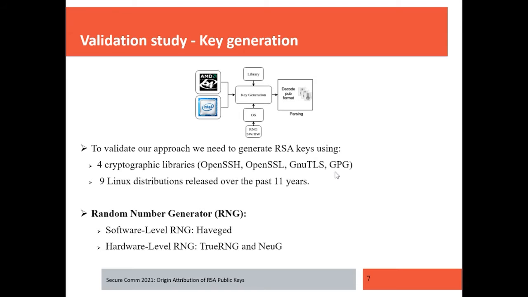We also use 9 Linux distributions released over the past 11 years. To ensure sufficient entropy for key generation, we enable a software-level random number generator and hardware-level random number generators. For software level, we use Haveged, and for hardware level, we use TrueRNG and NeoG.